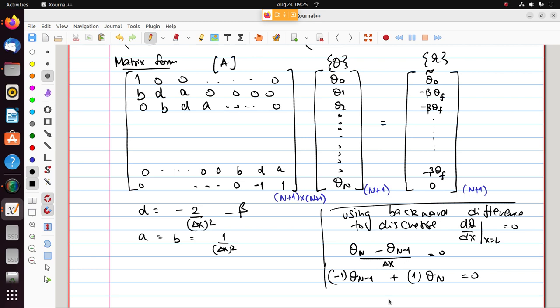So the size of theta is n cubed, and the size of A has to be n cubed times n cubed if you are writing a matrix system like this, because you will have an equation for each point. N was 1000, so you have 10 to the power of 9 points, and the size of A is the square of that. So you're talking about 10 to the 18.